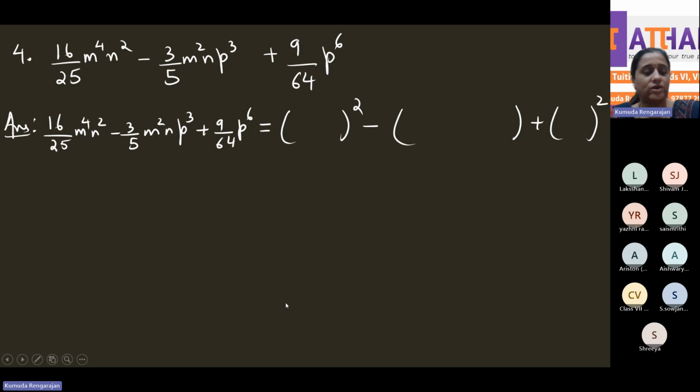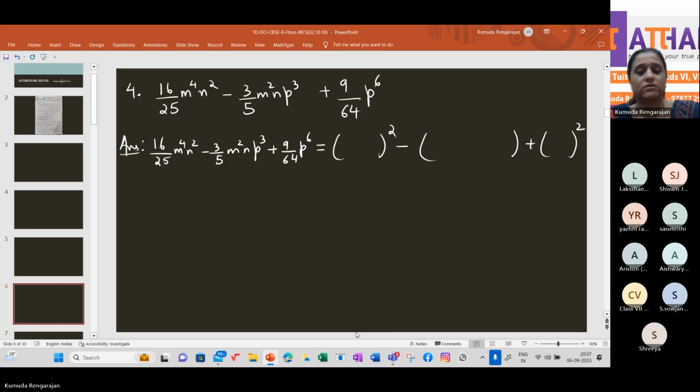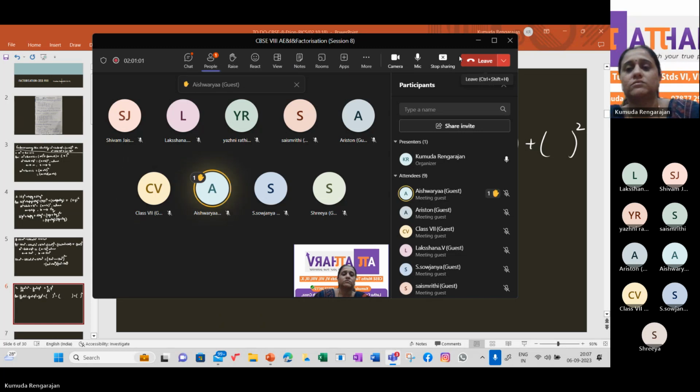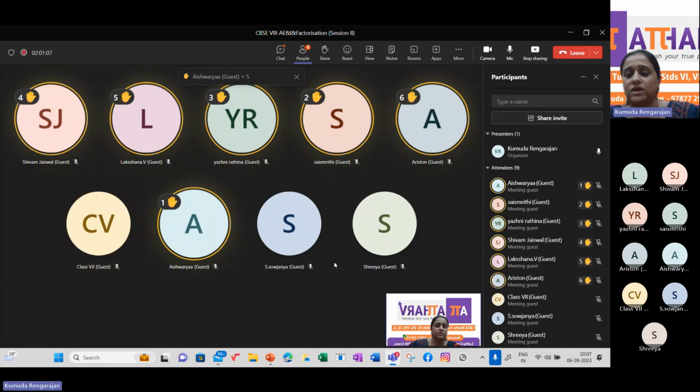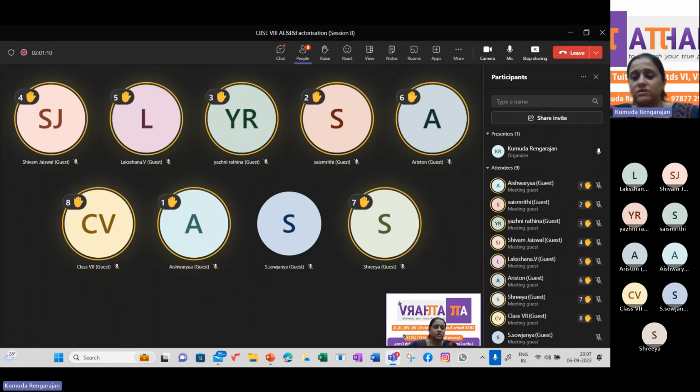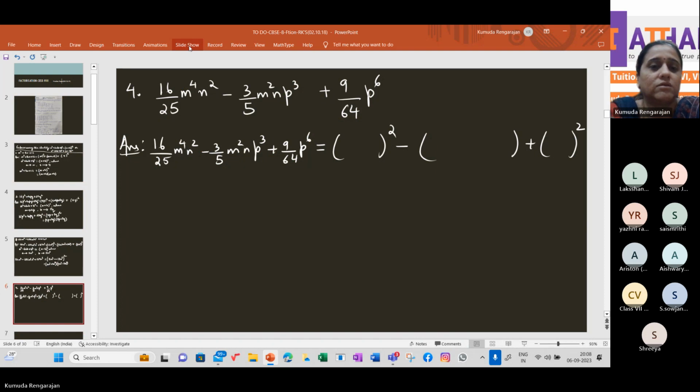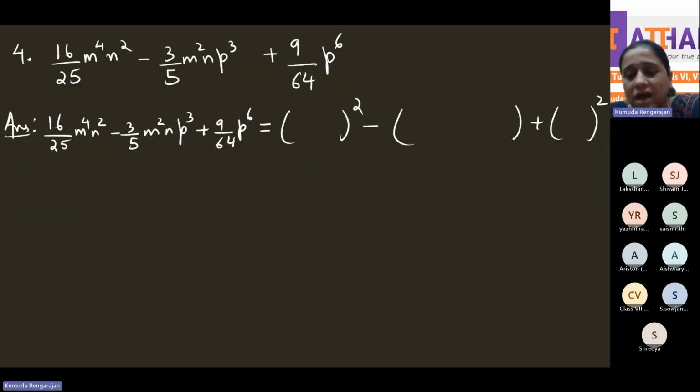Online students, use the emoji, raise your hand. What goes into the first bracket, children? 4 by 5. 4 by 5.